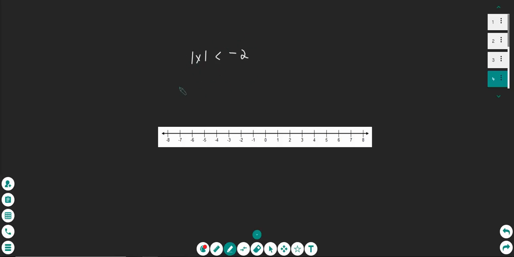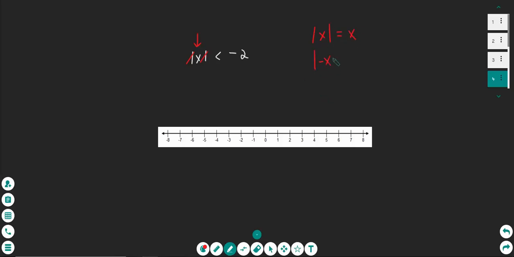So actually, this inequality doesn't make sense. What we're asking for is, what number can I plug in for x such that once I remove the absolute value bars there, I'm going to have a number that's less than a -2. That's impossible, right? Because anytime you have the absolute value of anything, if it's a positive x, the absolute value is going to be an x.